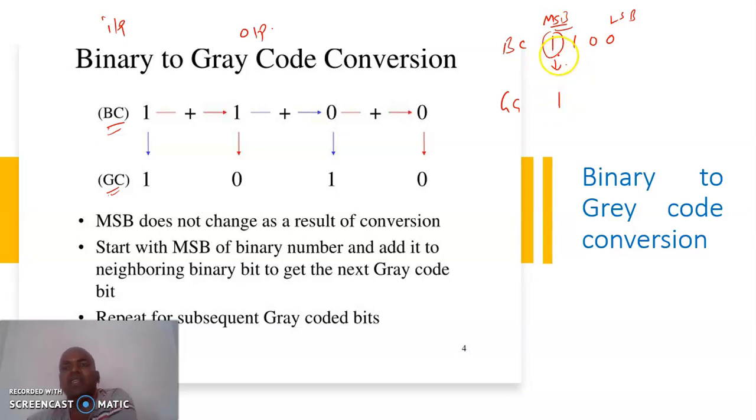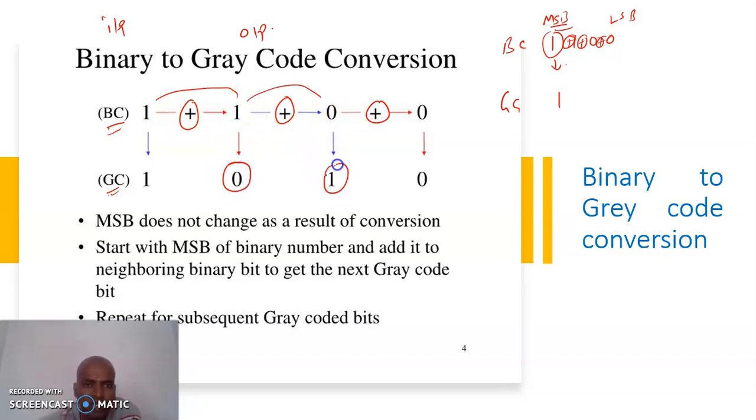Then the further steps are just to do the exclusive OR operation between these data. That is, here exclusive OR, here exclusive OR, here exclusive OR. While doing exclusive OR, 1 exclusive OR of 1, the result is 0. Then 1 exclusive OR of 0, the result is 1.